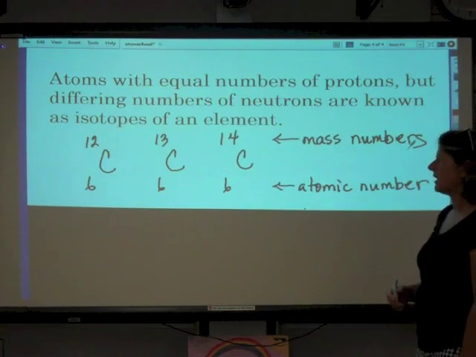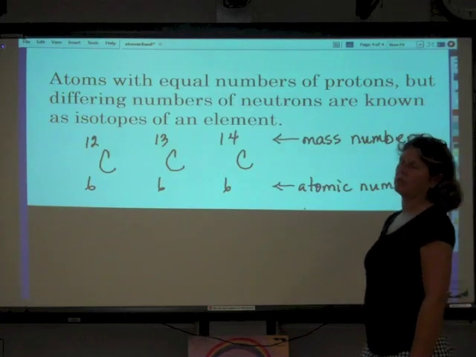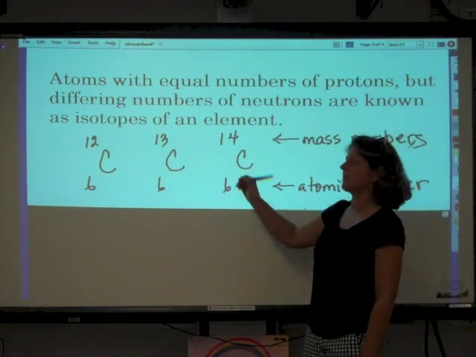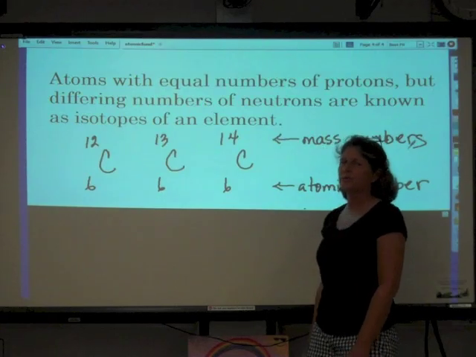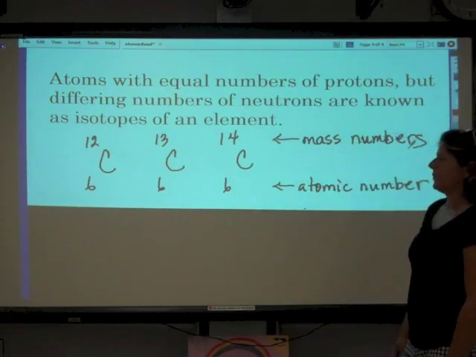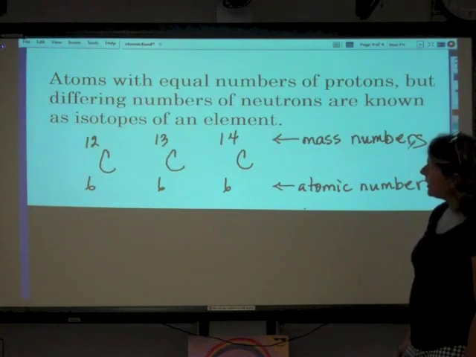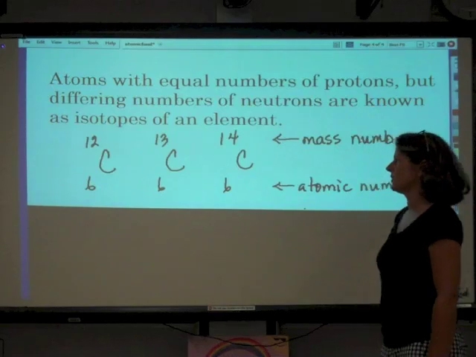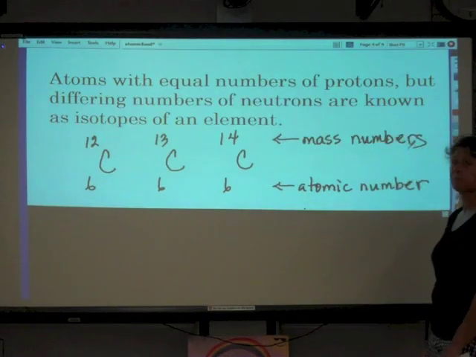Carbon 14 has 8 neutrons. Honestly, too many neutrons to stay stable in that nucleus, and so carbon 14 is radioactive, and it will spontaneously decompose. But we'll talk more about that later. All right, so we can find these 3 different isotopes of carbon on the planet.